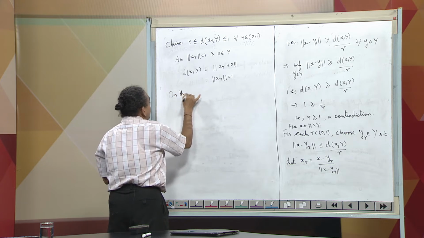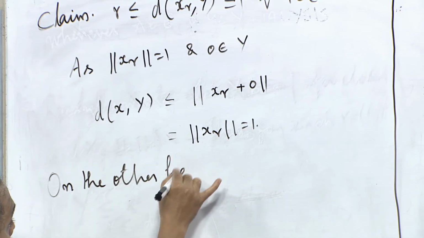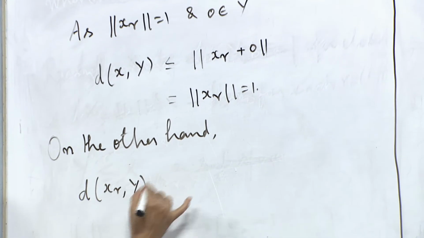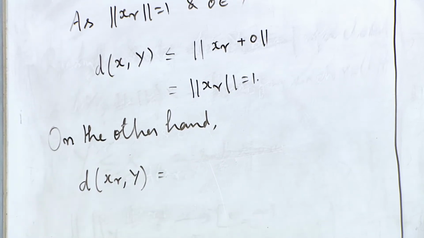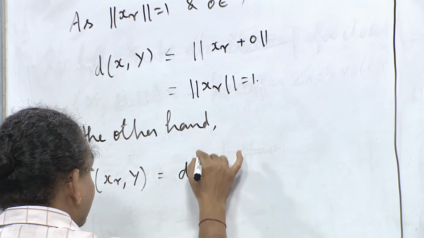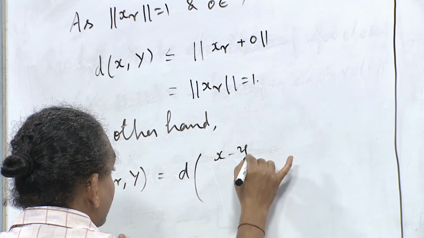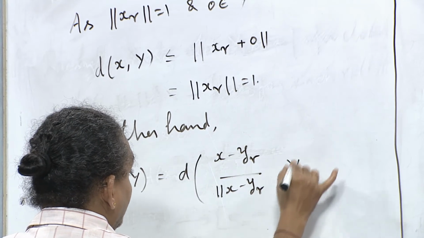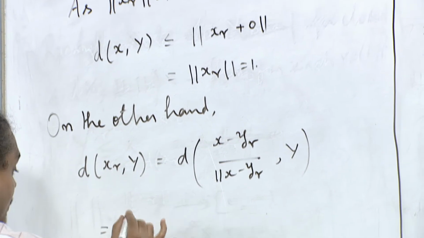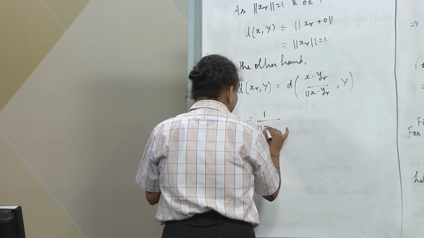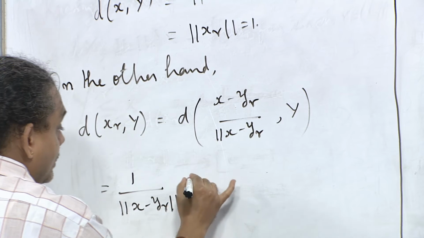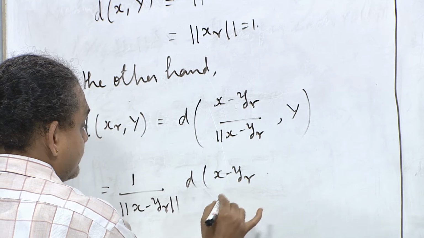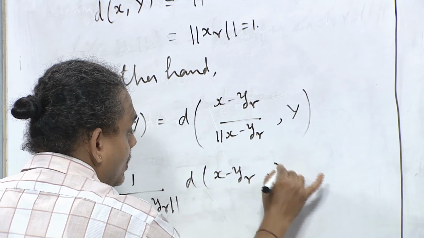On the other hand, the distance between x_r and Y, by definition of x_r, which is x minus y_r upon norm of x minus y_r, comma Y, is equal to 1 upon the norm of x minus y_r, I am just pulling this out, this being a scalar, times the distance between x minus y_r comma Y.